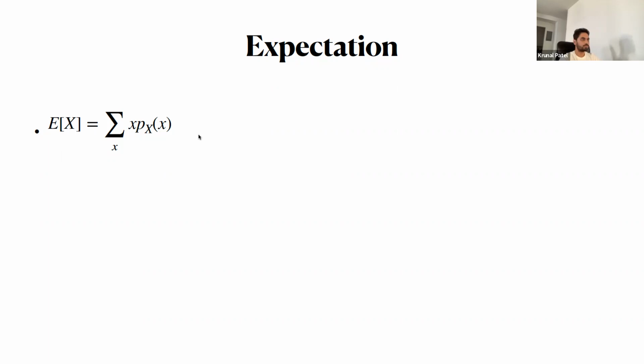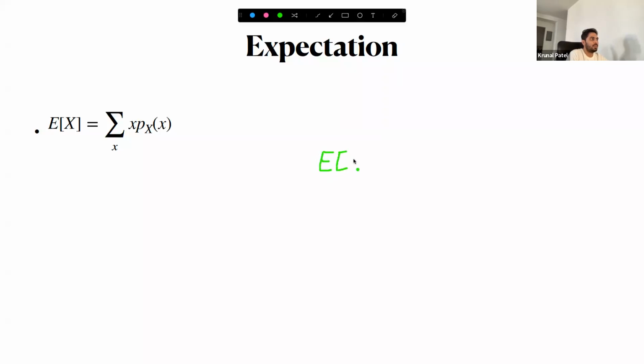Okay, can anyone tell me what is the expectation of a constant? I see a bunch of zeros.